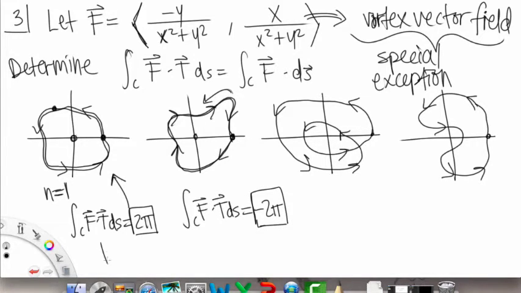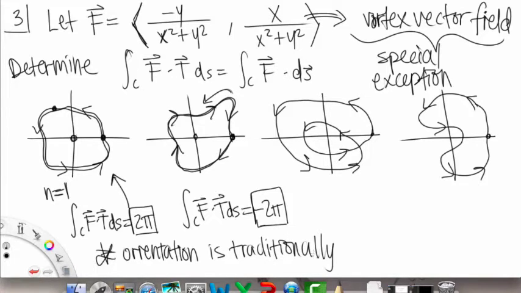Also, just as a side note, because it came into question here, it's relevant. The traditional orientation, meaning the direction that you travel on your curve, is traditionally seen as counterclockwise is positive and clockwise is negative, unless they tell you otherwise.